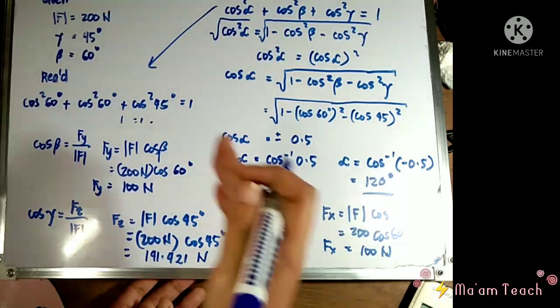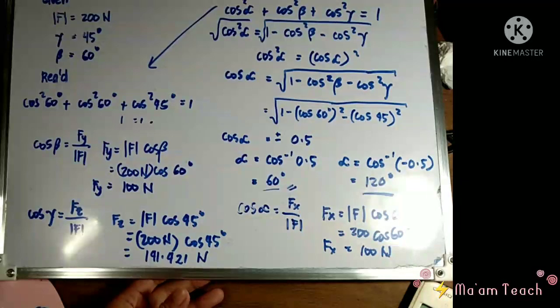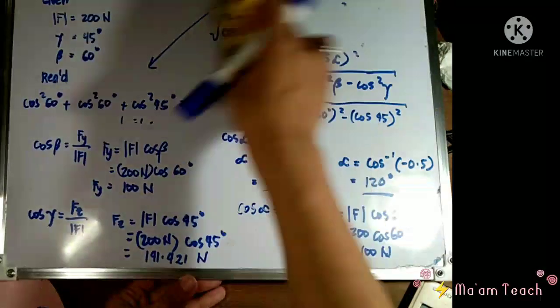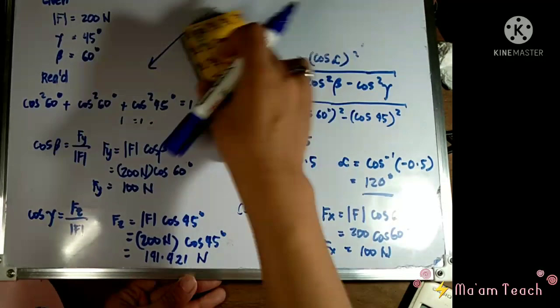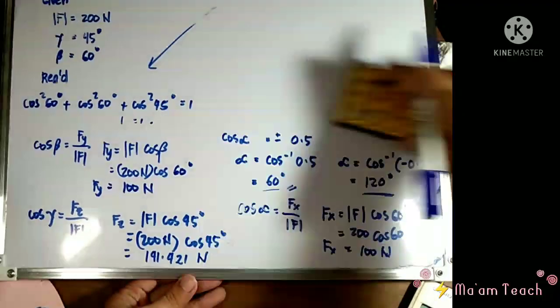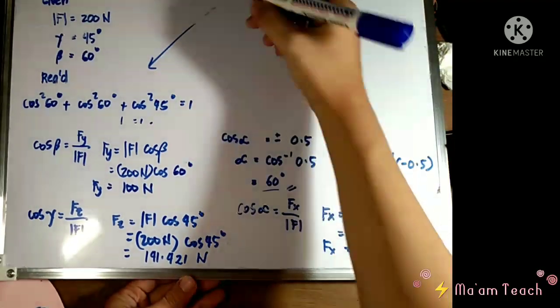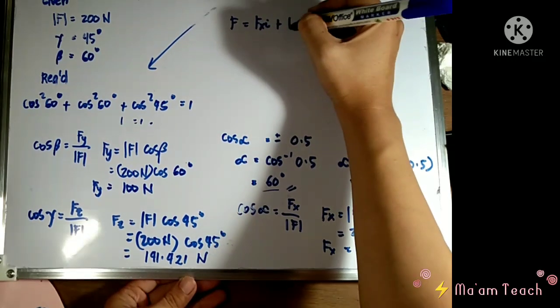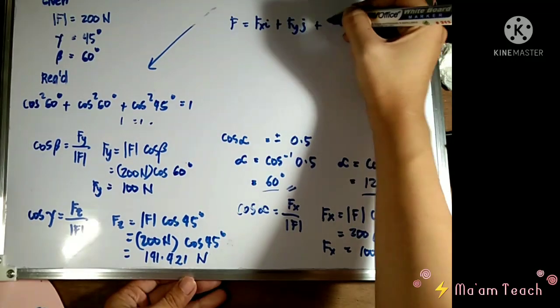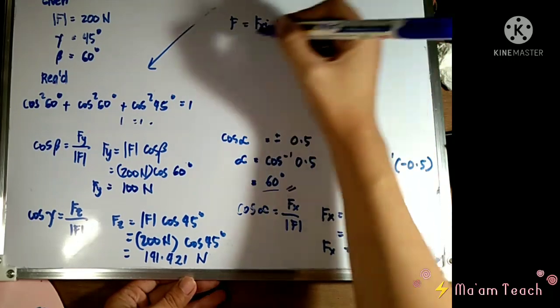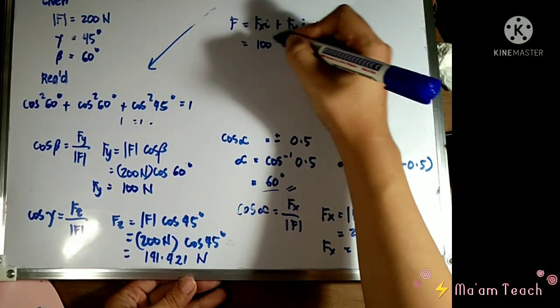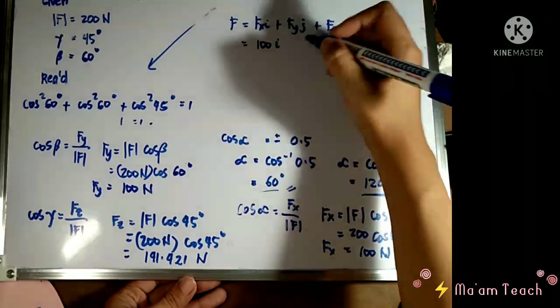Now we have to express it in the proper format. Following our format, class, F is Fx i plus Fy j plus Fz k. Our Fx is 100, so write 100 i.